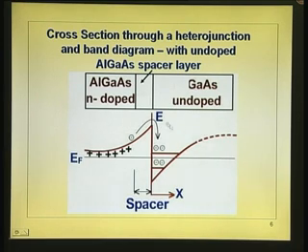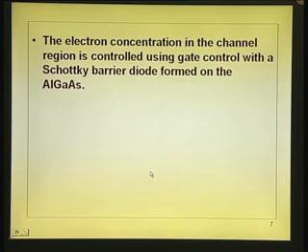So, this region contains the ionized acceptors, because it is lightly doped p type, undoped actually, and also the charges at the notch, that will contain the charges. Now, if you see further, whatever I have been telling, we put it in words here. The electron concentration in the channel region is controlled using the gate control with the Schottky barrier.